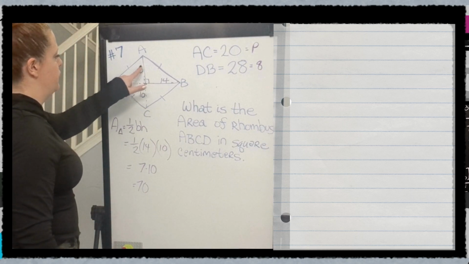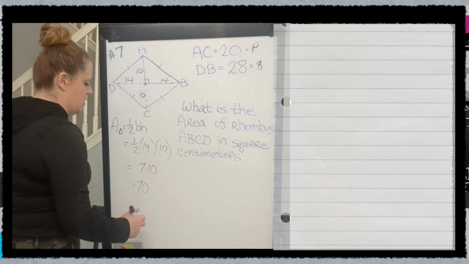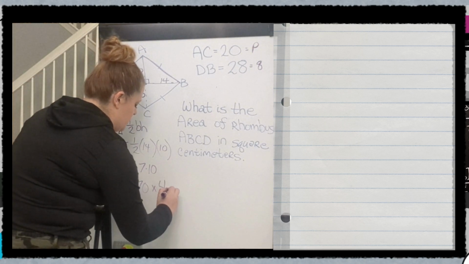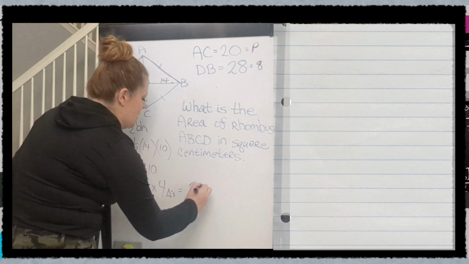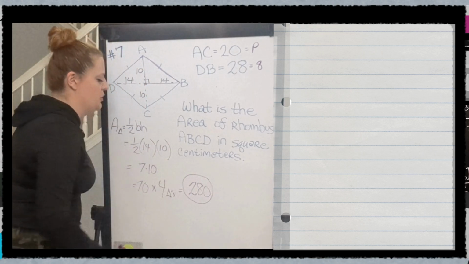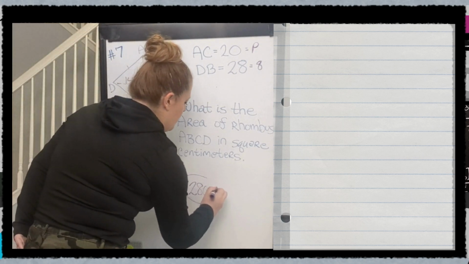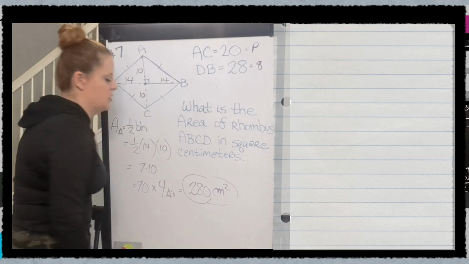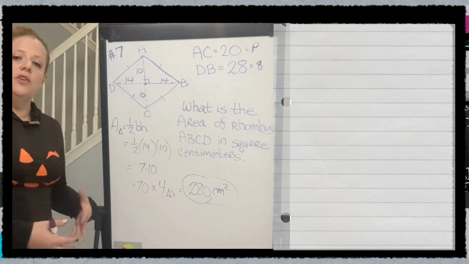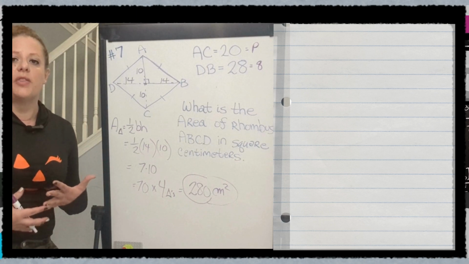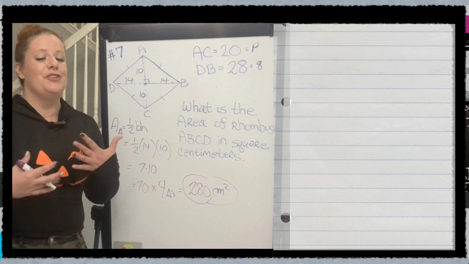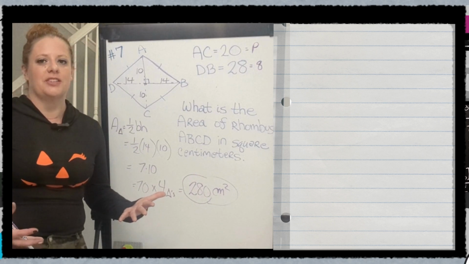And then there's 4 of those triangles, so I'm going to multiply times 4 triangles. Also gives me 280. And then they want us in centimeters squared. So either way you do it, it's not that hard, but it's a matter of which formula you would rather work with, which formula you remember, and what formulas are given.